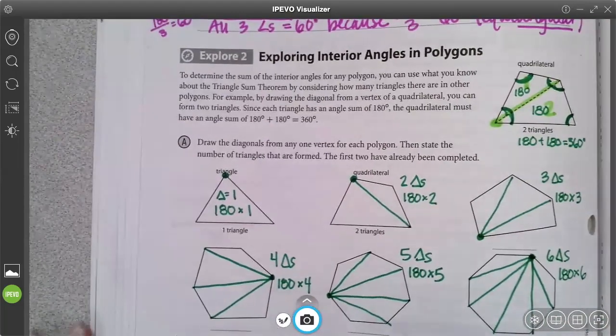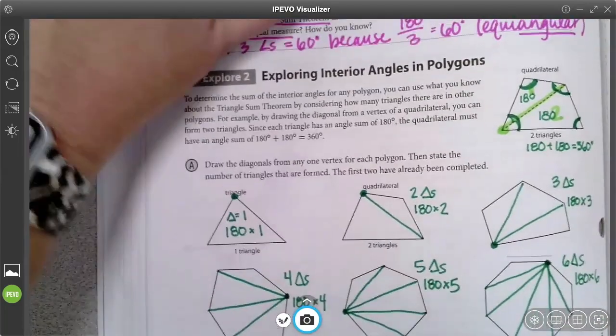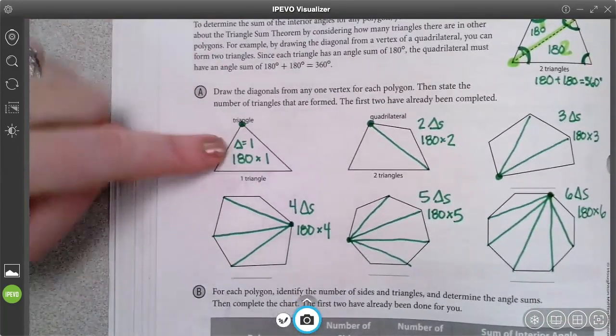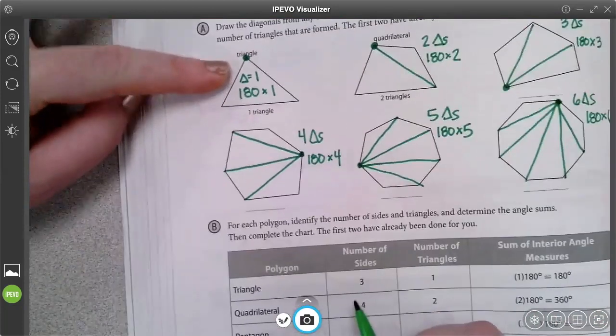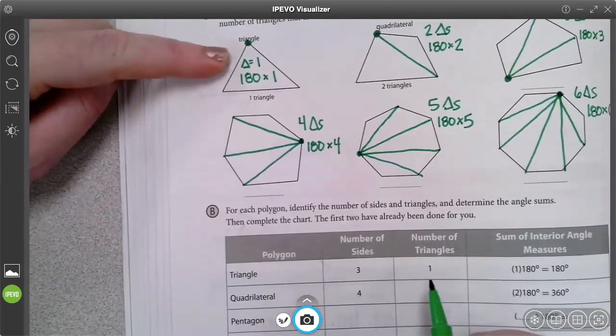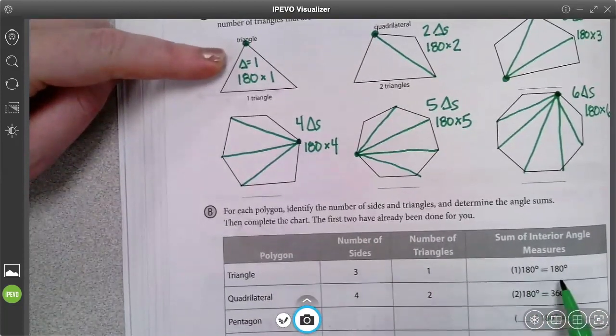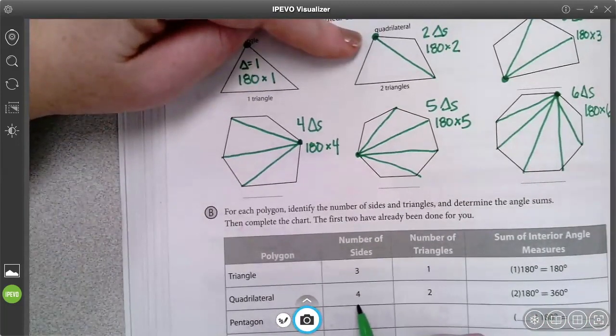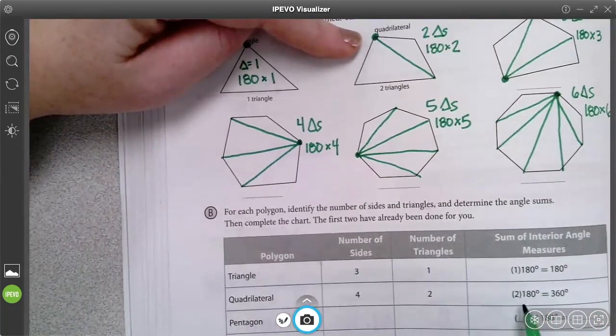So as we fill out the chart, the number of sides was 3 on the triangle, and the number of triangles was 1. So we did 1 times 180, and that gave us 180. On our quadrilateral, we had 4 sides that broke into 2 triangles, and our total number of degrees was 2 times 180, which is 360.